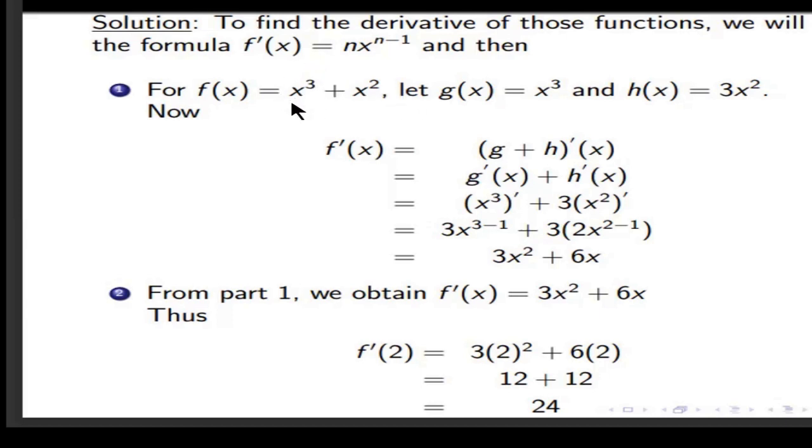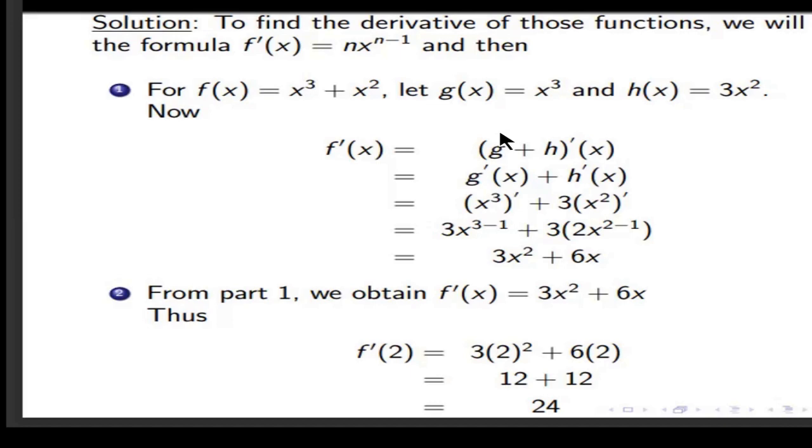Then what do we do? We will treat this as a separate function, and this as another function. Now let g of x be equal to x cubed, and h of x be equal to 3x squared. Then from the theorem, f prime at x is g plus h prime at x.